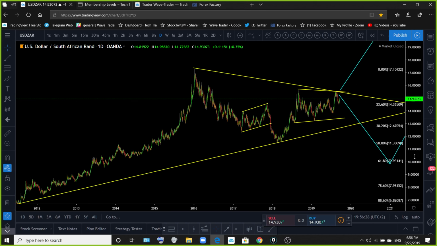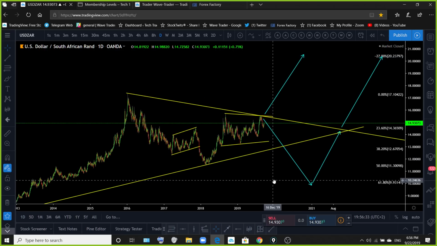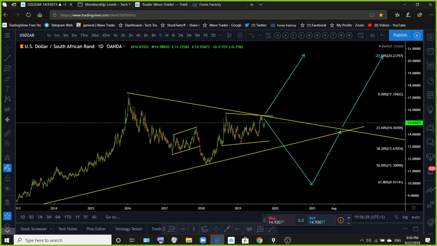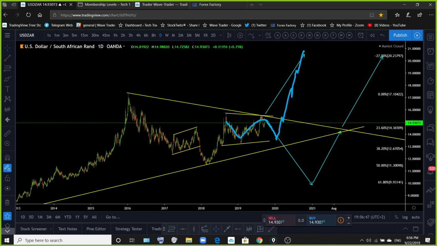We still believe that dollar rand is going to either give us one more drop, an ABC move, and then again buy up to 110 and a longer term buy, or break out of this triangle and keep pushing higher.